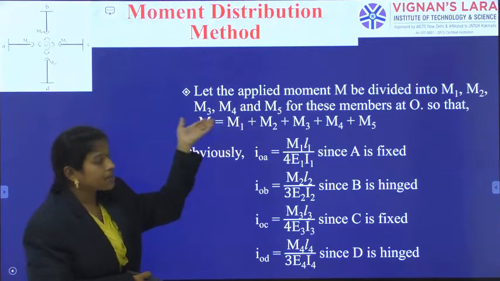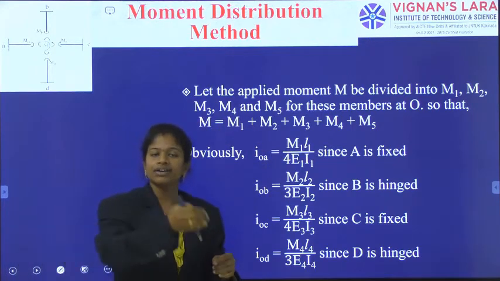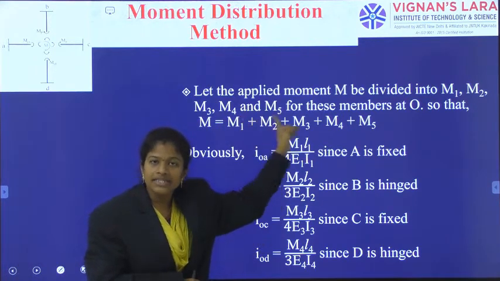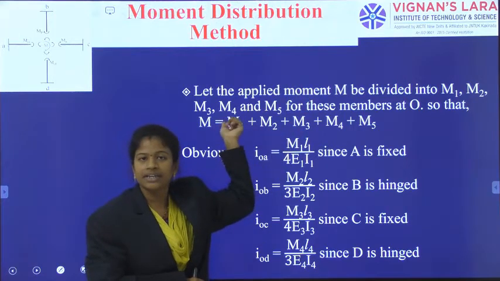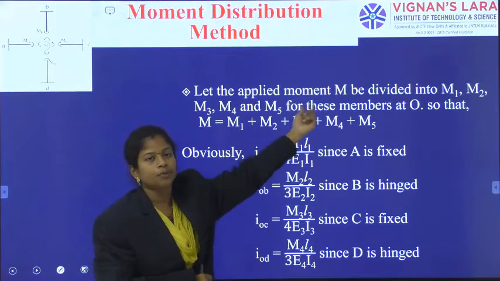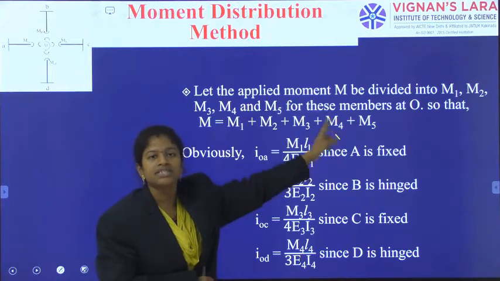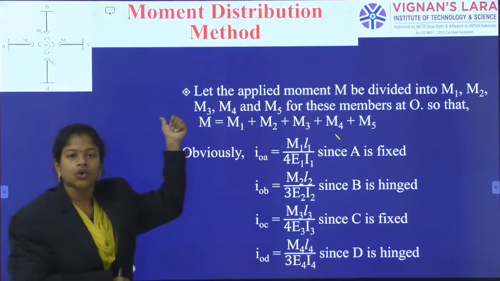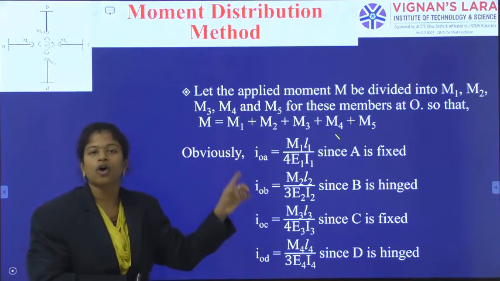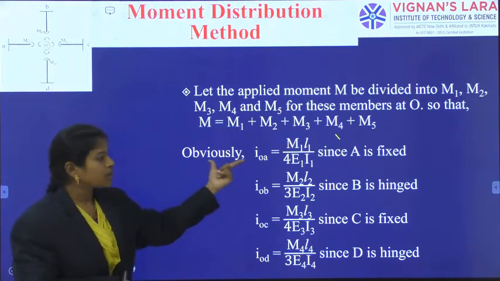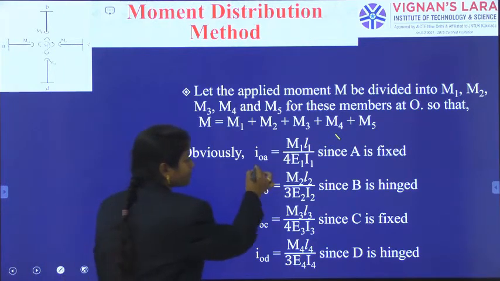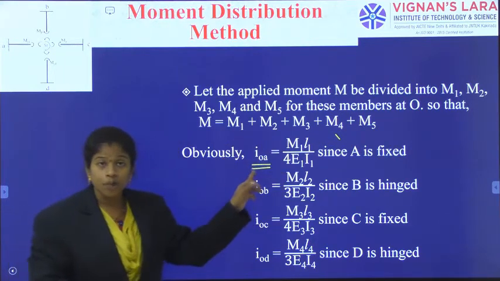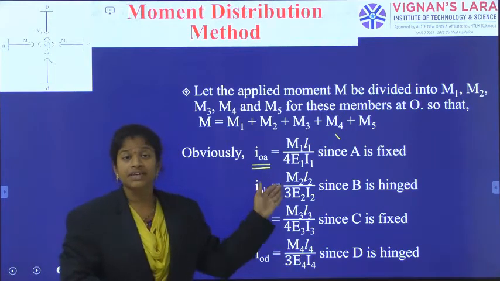The summation of all these moments, M1 plus M2 plus M3 and so on, should be equal to the total applied moment we are giving on the rigid joint. And also we can say IOA.